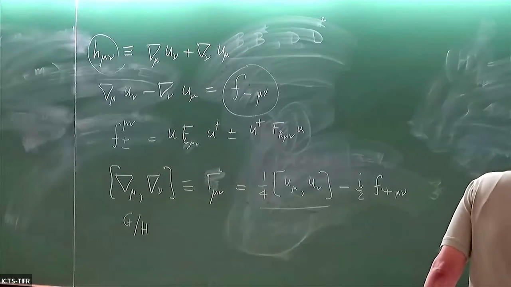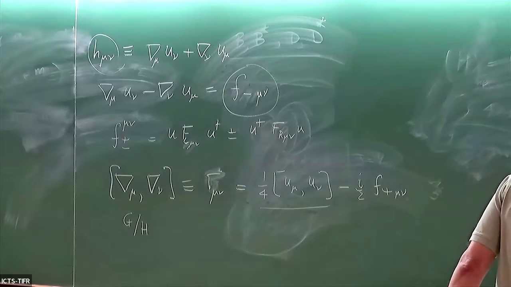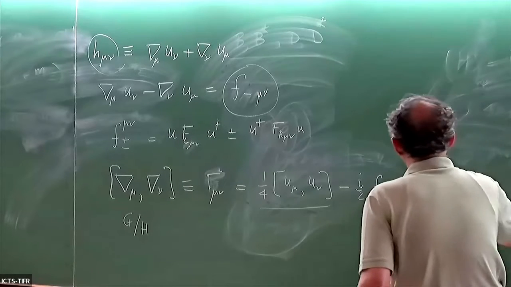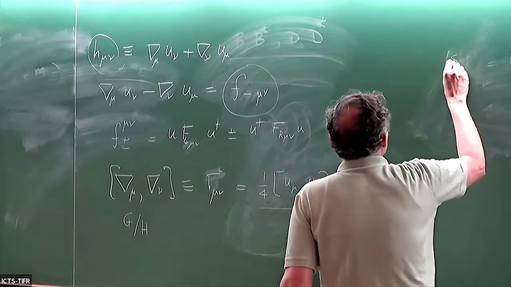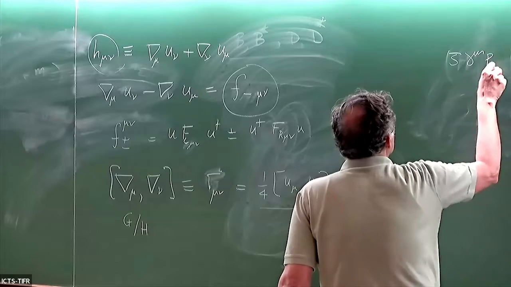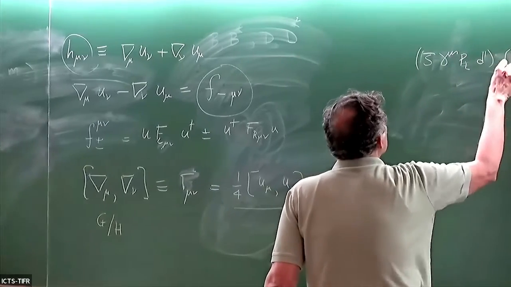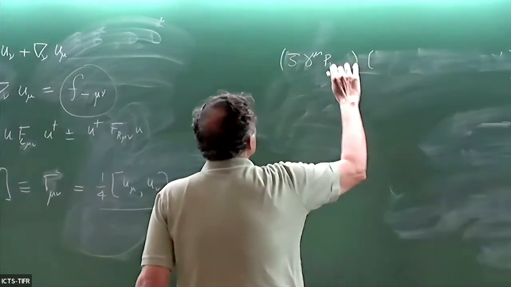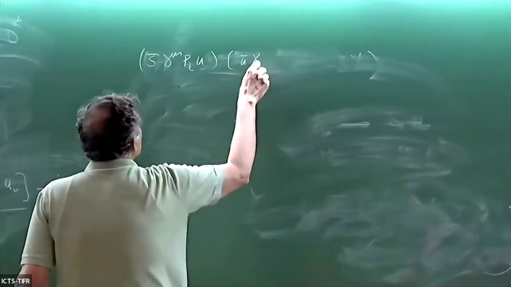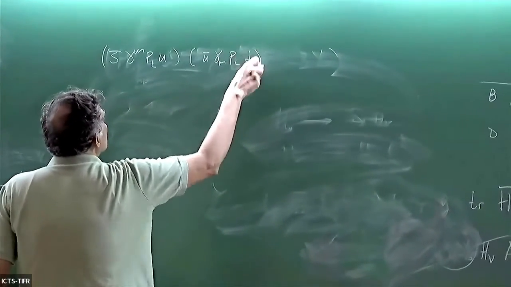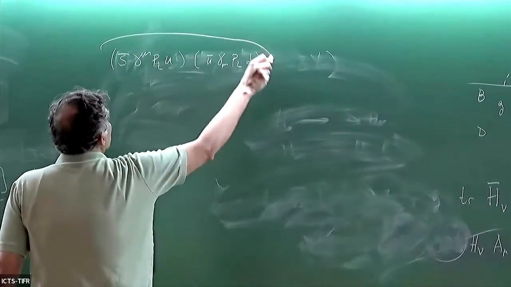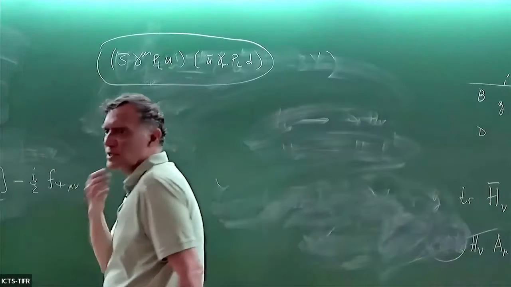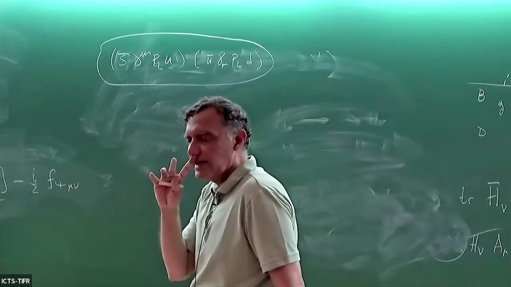Okay, so one way is to basically use a property. Well, let's just do it this way. If you have an object like ū γ^μ P_L d, you can think of this as some spurion which transforms in a specific way under the flavor symmetry.